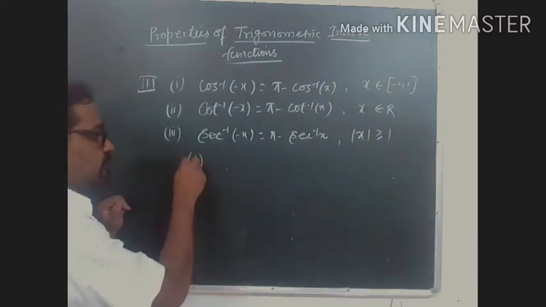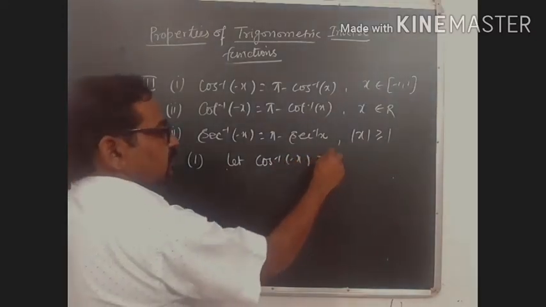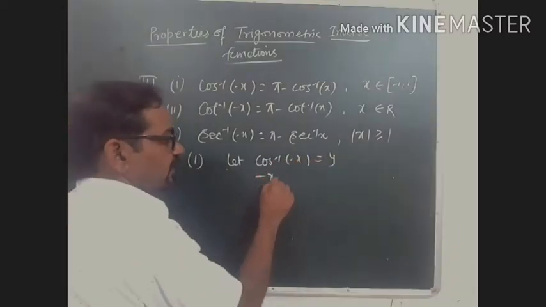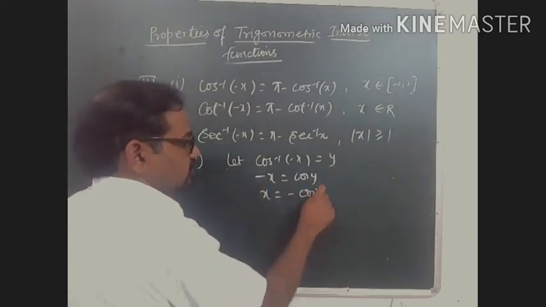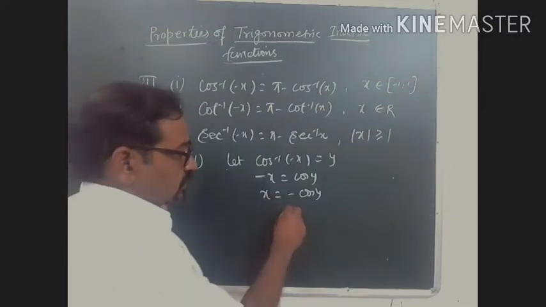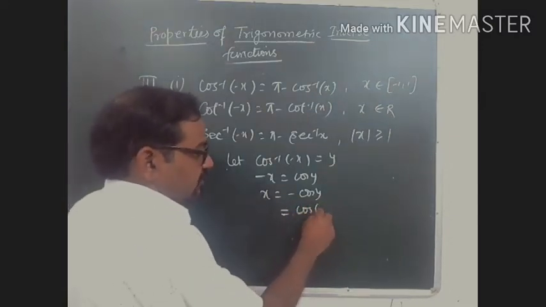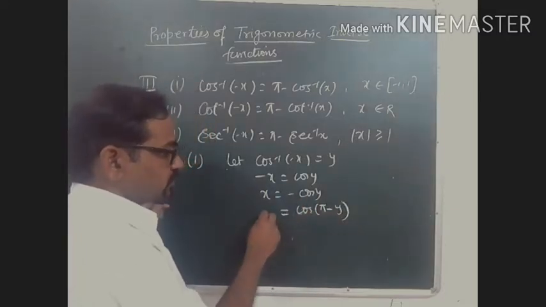First part, let cos inverse minus x equal y, then minus x equals cos y, x equals minus cos y. Since we know that minus cos theta is in the second quadrant, meaning pi minus theta, that is pi minus y, minus cos y equals cos of pi minus y.